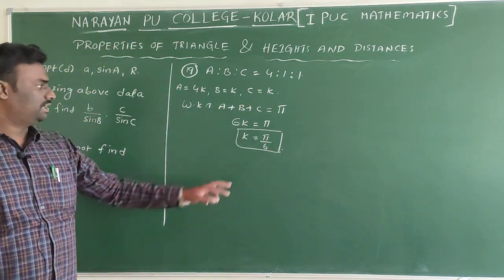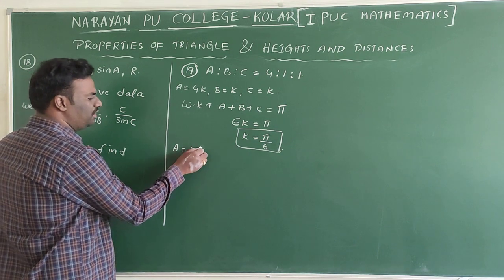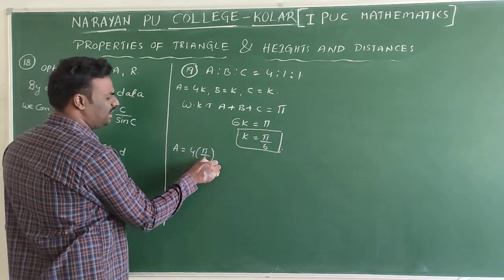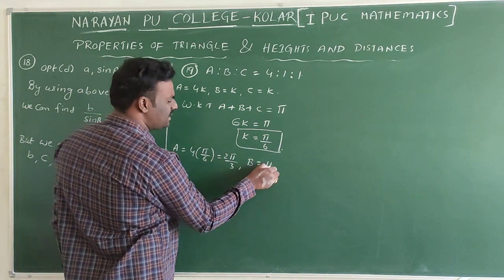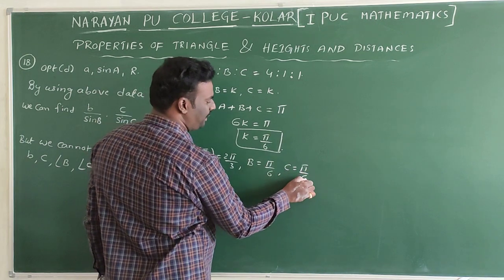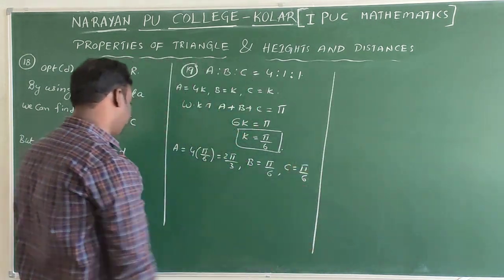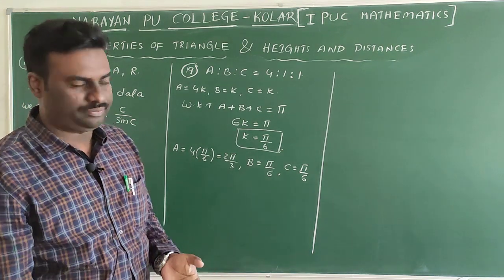Now we substitute the K value here. 4 into pi by 6 is nothing but 2 pi by 3. B is pi by 6. C also pi by 6. But we require the ratio of the longest side and the perimeter.